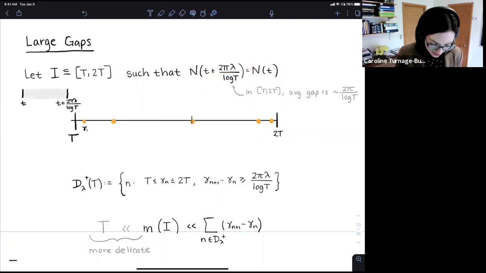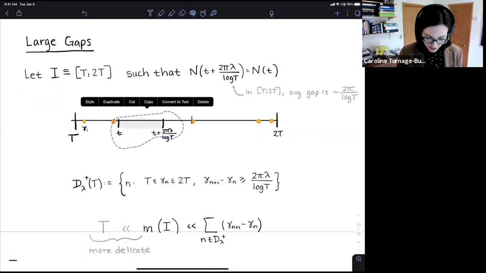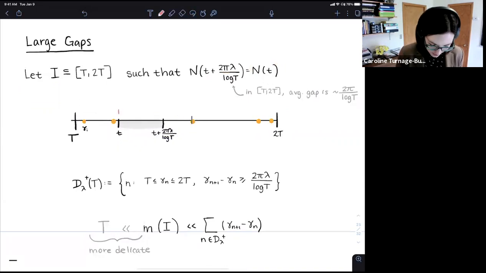So the way this looks in practice is you say, here's my interval from T to 2T, and I've got my zeros, and I want to start my little window and ask when it is free of zeros. So it's free of zeros here. So this is where the interval I would start. And it doesn't even have to be an interval. It could be a collection of intervals.